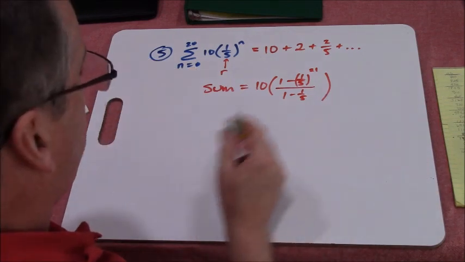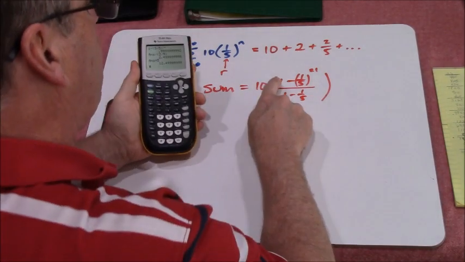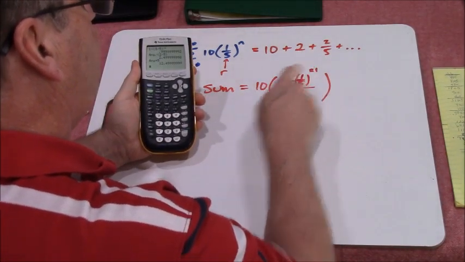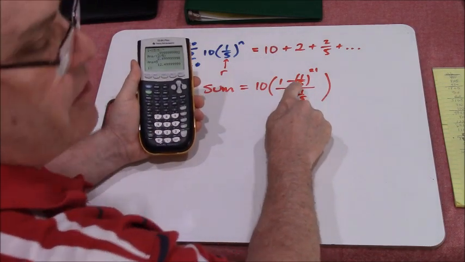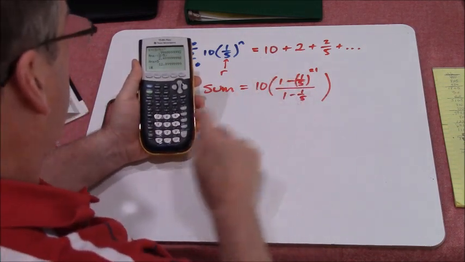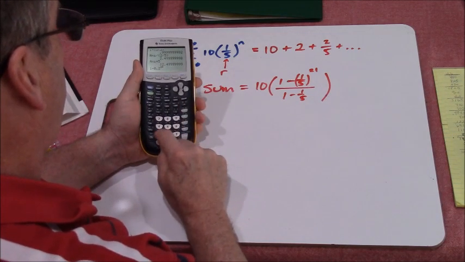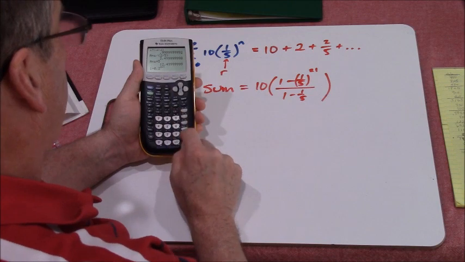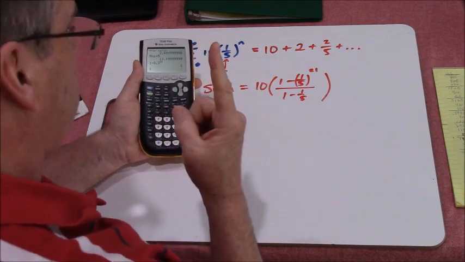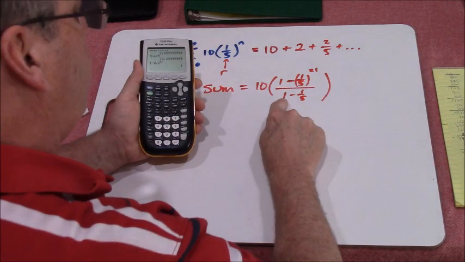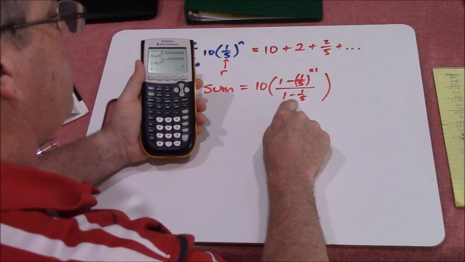All right, so now I'm going to go to the calculator. So I've got 1 minus 1/5 raised to the 21st power. I know 1/5 is the same as 0.2, so I'm going to go 1 minus 0.2 raised to the 21st power. And I got 1. 1 minus 1/5, that's going to be 4/5.